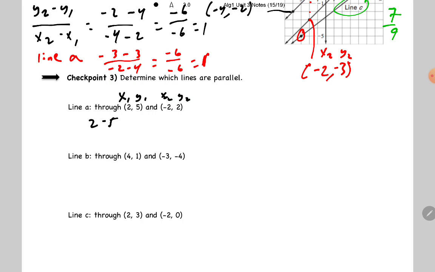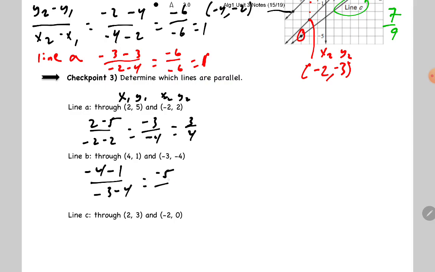So this is 2 minus 5 over negative 2 minus 2, which is negative 3 over negative 4, which is positive 3 over 4. Here we have negative 4 minus 1 over negative 3 minus 4, negative 5 over negative 7, which is positive 5 over 7.